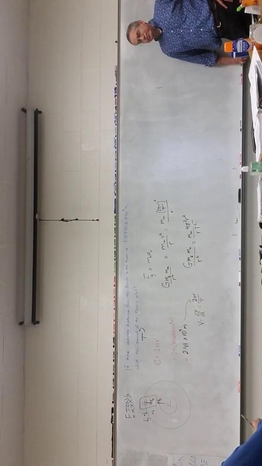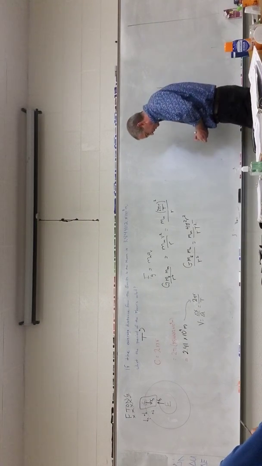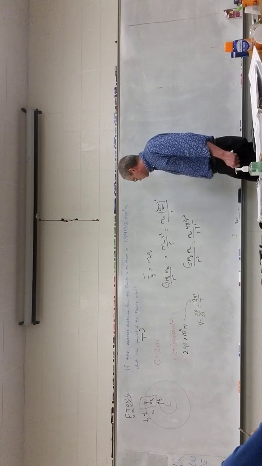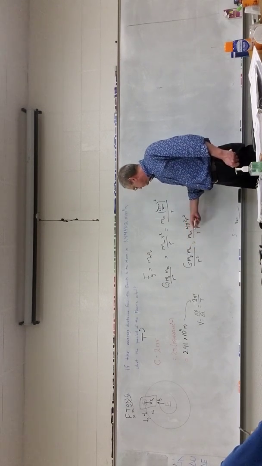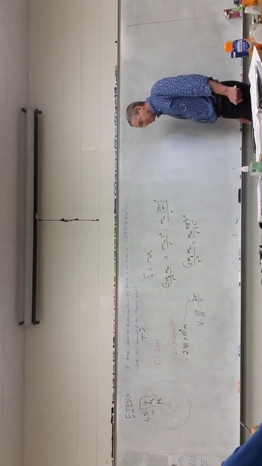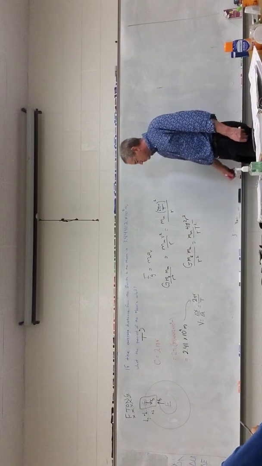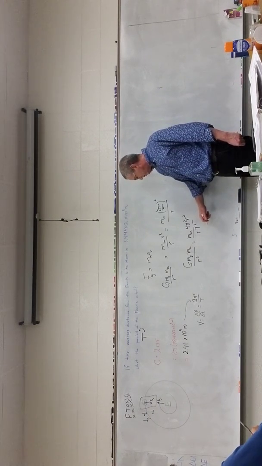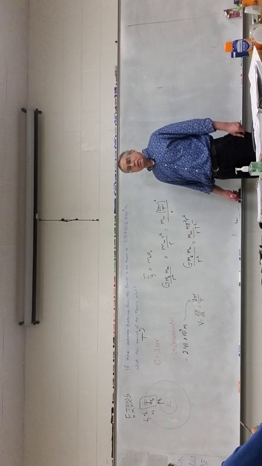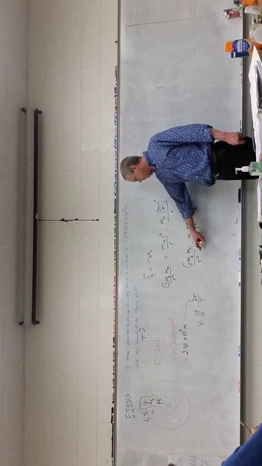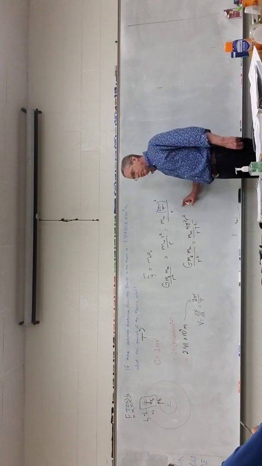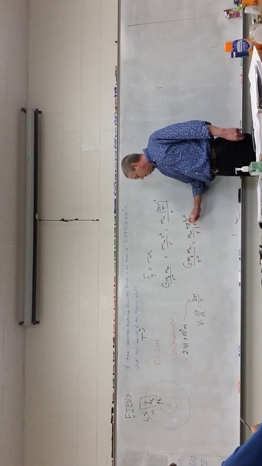What can we get rid of? Mass of the moon. Yes, common factors. What else can we get rid of? All right, so I heard r. We can't get rid of r squared, because it's in the denominator on this side and in the numerator on this side, but we can get rid of that r and one of those r's.